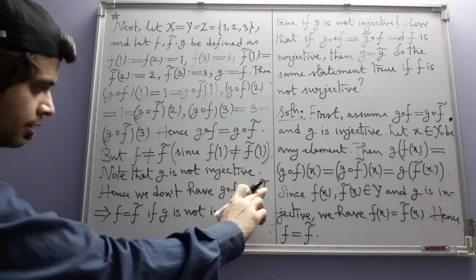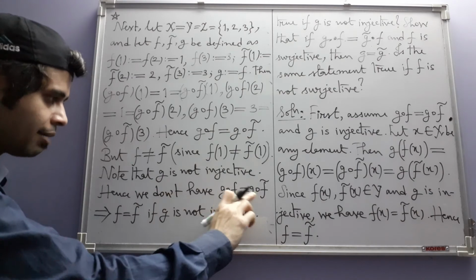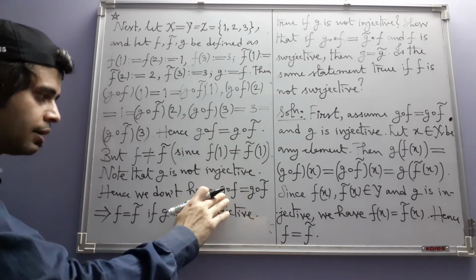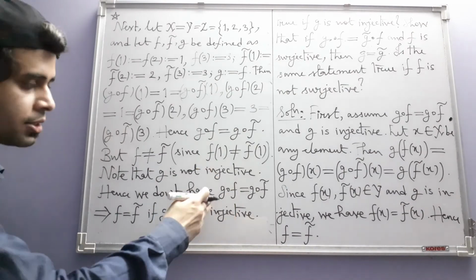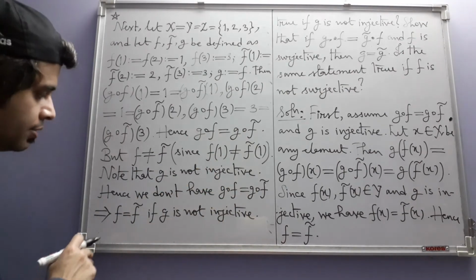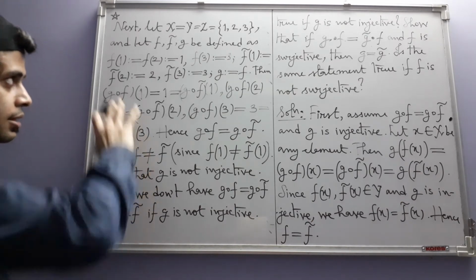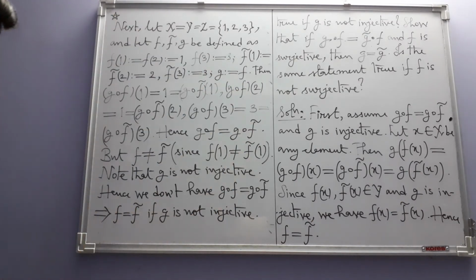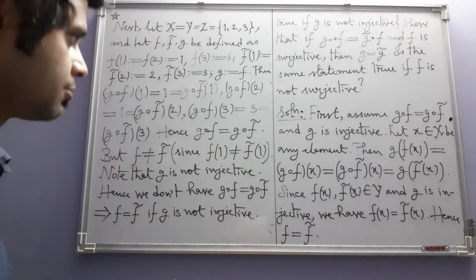So that's why we are writing that we don't have this. It does not mean that all the time it fails. It may turn out to be true for some values of g and f even when g is not injective, but there are cases like this where it fails. Okay, it's not necessarily always true. Okay, so now we go to the second part of the solution.